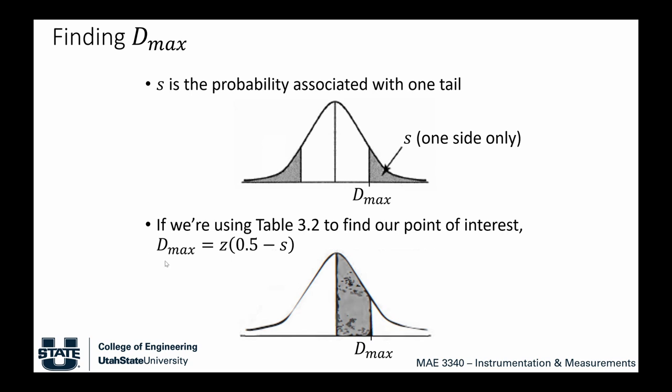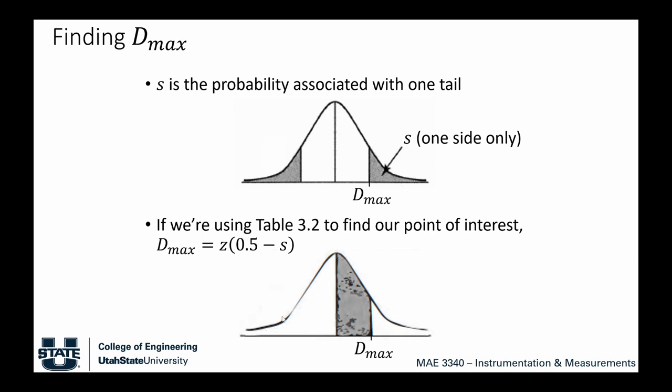So then D max is equal to our Z value, which is the number of standard deviations from the mean. And since we're using table 3.2 and it has only half of the area under the curve contained in it, then we have 0.5, which is half of the probability.